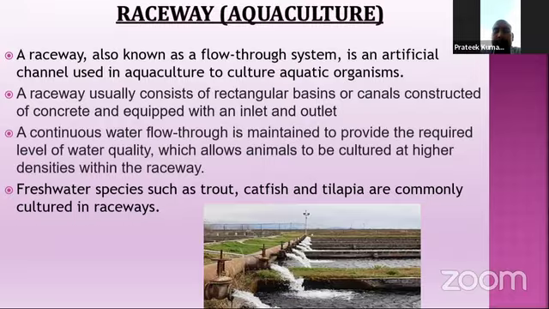Freshwater species such as trout, catfishes, and tilapia are also cultured by way of raceway. So raceway culture plays a very important role where a lot of water area is present and in environments which are running water related. That one is raceway culture.